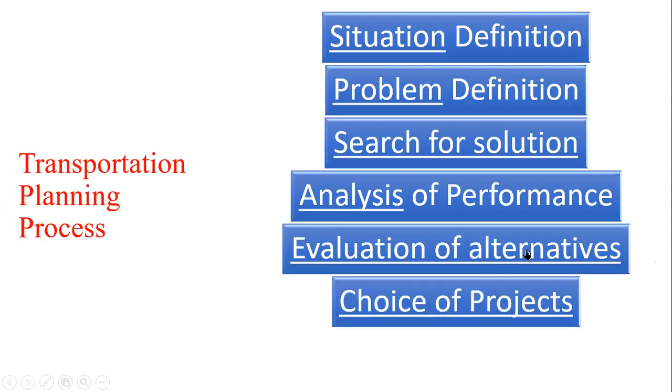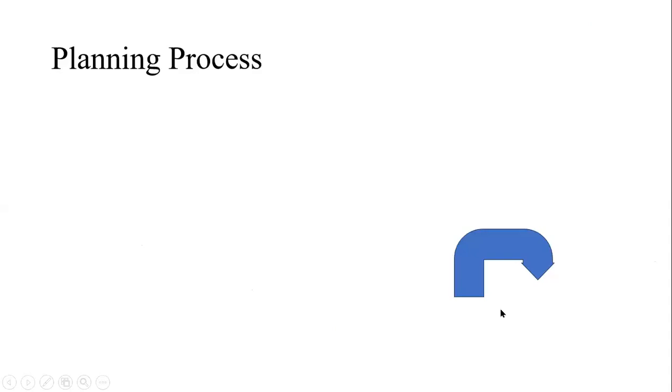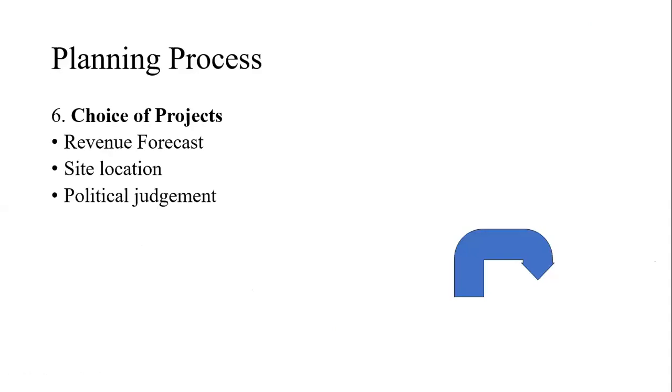Then we come to finalize the choice of the project or projects that we will be constructing. For that, we try to have the forecast of the revenue, the site location, and last, and actually it's the first thing, how much political will is there.